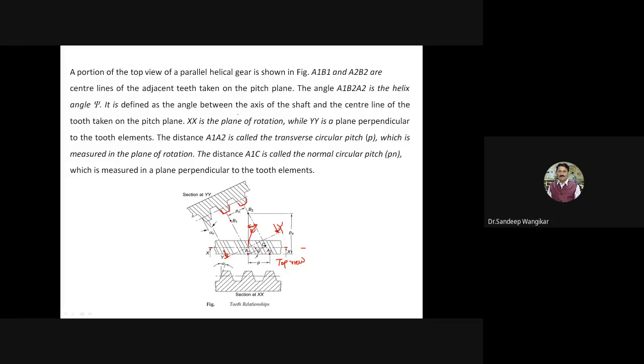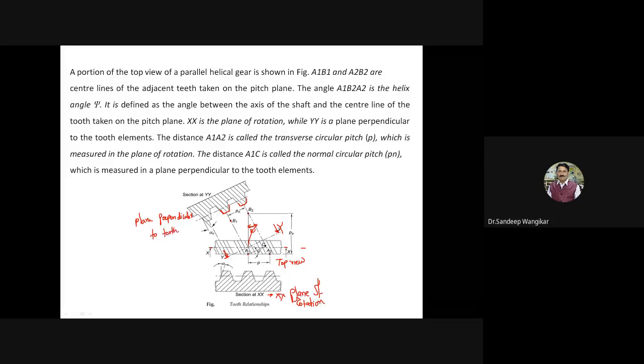X-axis is the plane of rotation, while Y is the plane perpendicular to the tooth elements. So X is nothing but the plane of rotation. And what is Y? Y is the plane perpendicular to tooth elements.